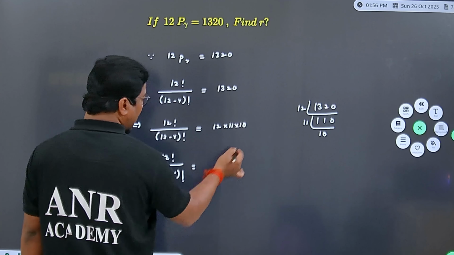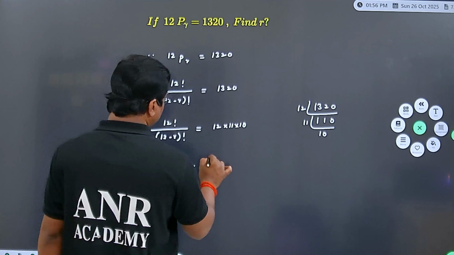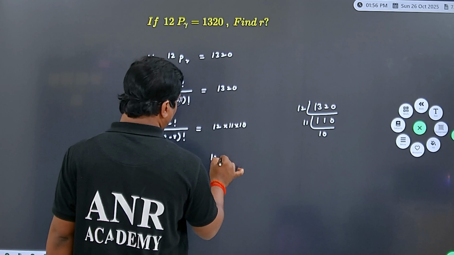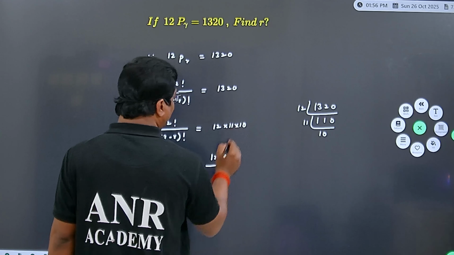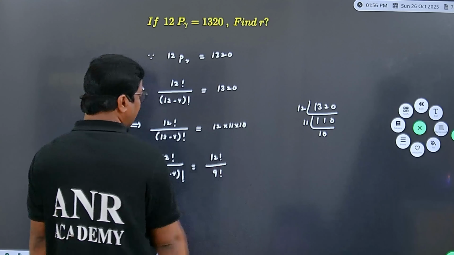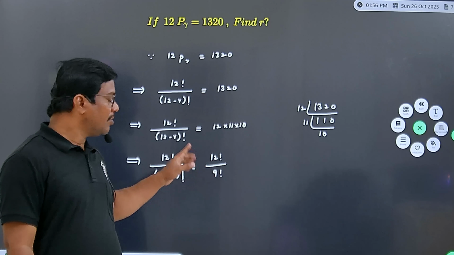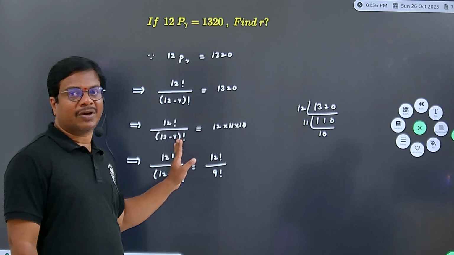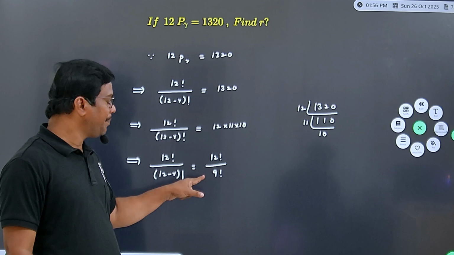Now the right part can be written as 12! divided by 9!. Why? Because 12! is the product of all natural numbers from 1 to 12, and this is the product of natural numbers from 1 to 9.